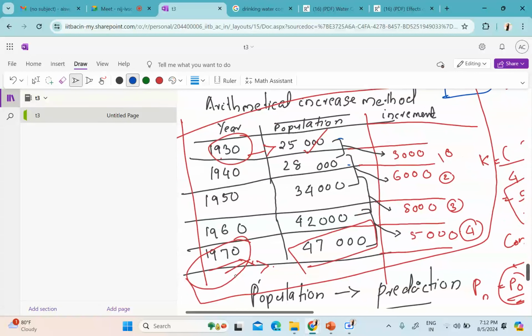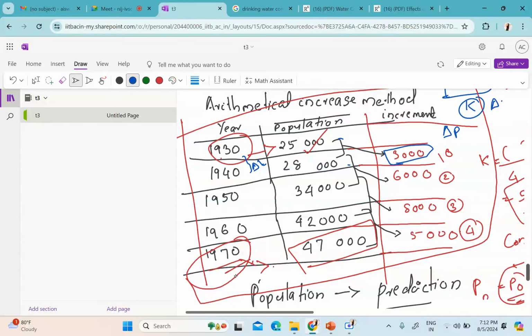Then we have to find the difference in number of people in each time gap, time span. That is delta P we have. Then we have to calculate the constant k, the rate of change of people per time span. So k we have to calculate from the delta P value.